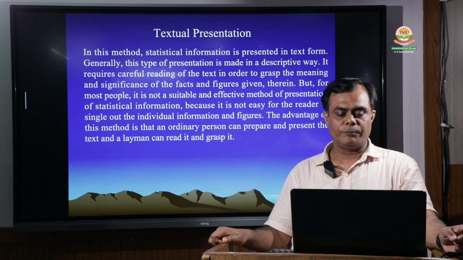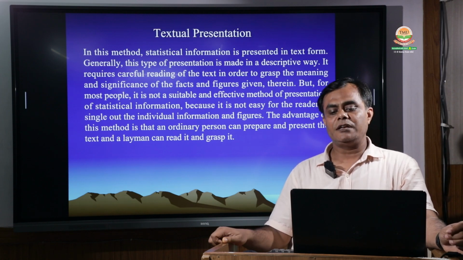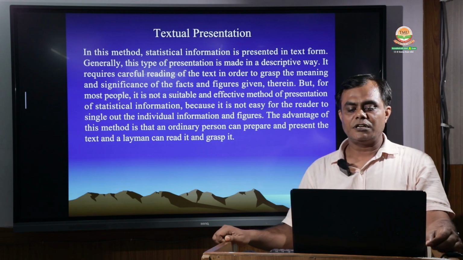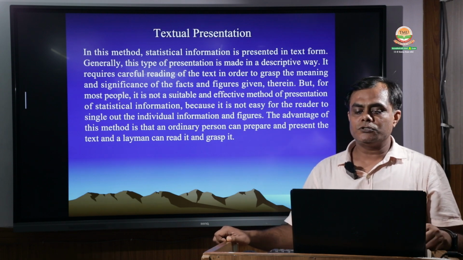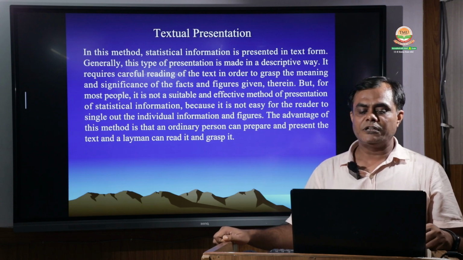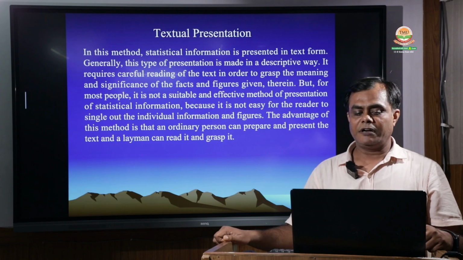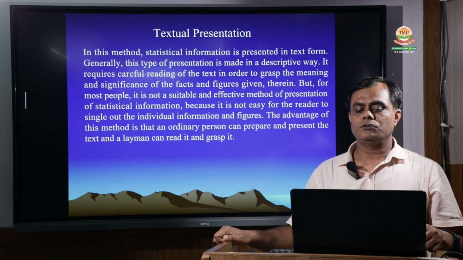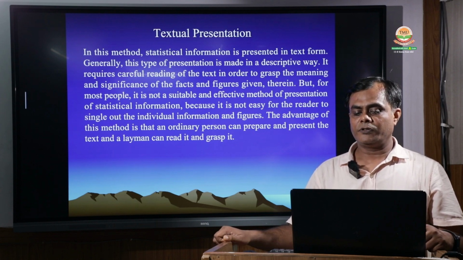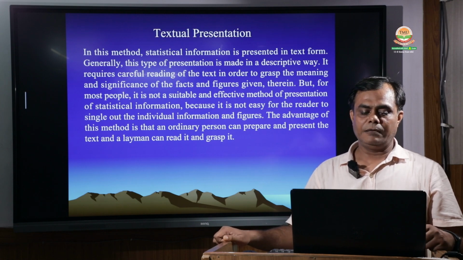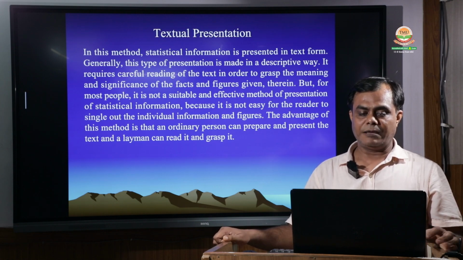But for most people, it is not a suitable and effective method of presentation of statistical information, because it is not easy for a reader to single out the individual information and figures. The advantage of this method is that an ordinary person can prepare and present the text and the layman can read it and grasp it.